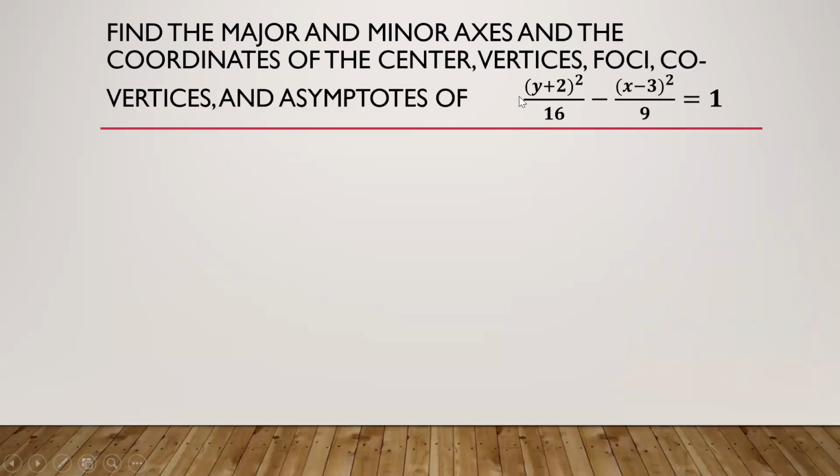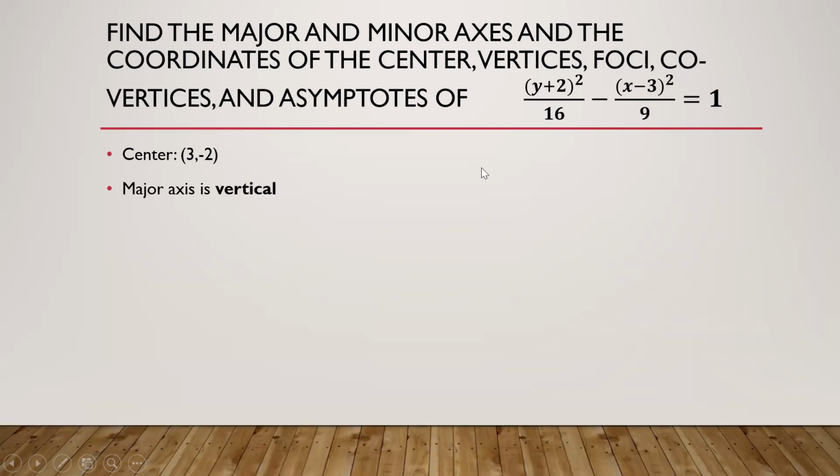Next, y plus 2 squared over 16 minus x minus 3 squared over 9 equals 1. So we determine the center, which is 3, comma -2. Again, we have to look for the h. That's always beside x. So that's 3. And then for our k, that's -2.